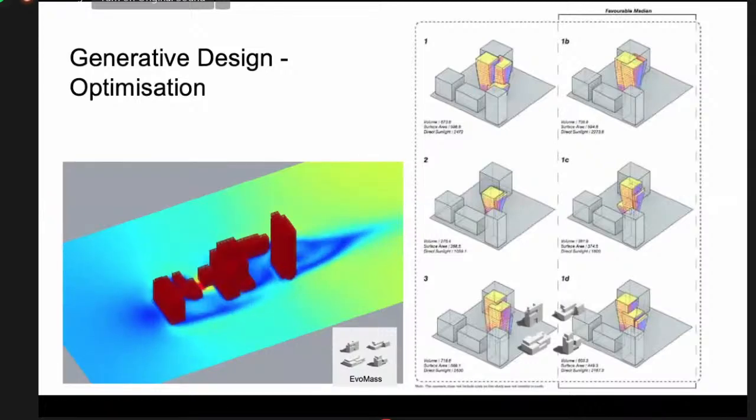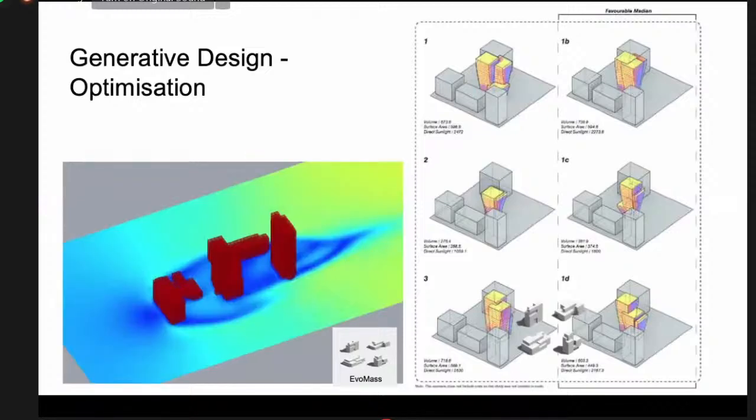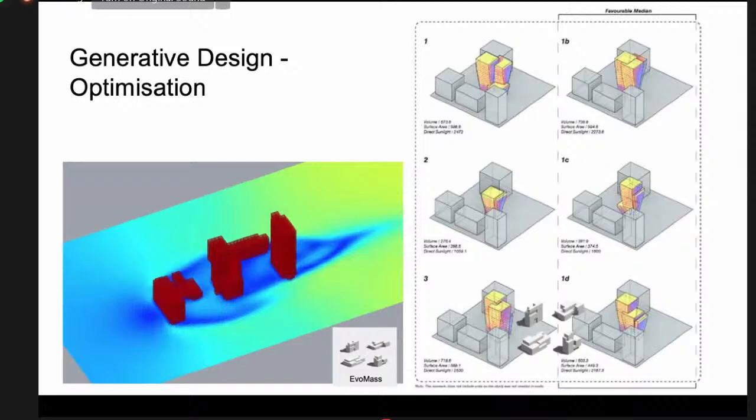For example, it could be minimizing the solar radiation or maybe reducing the wind pressure. We can do that using this generative design, and the computational process will help us to choose the best design in the end, based on our design intention or our design goals.